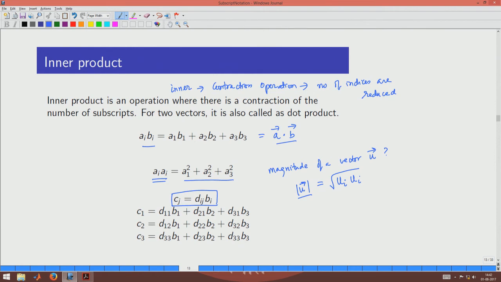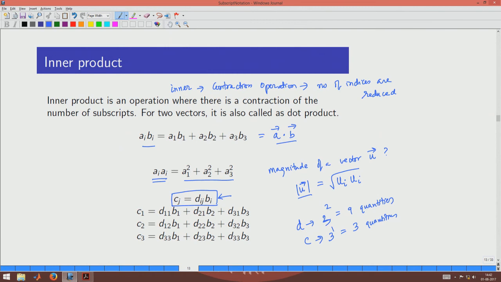On the right hand side d is a bunch of 3 raised to the power of 2, that is basically 9 quantities or 9 components, and on the left hand side c is a vector. So, there are 3 quantities. So, a quantity that has 9 components is being used to generate a quantity that has 3 components using this expression, and in this process one index is lost and that has been contracted.